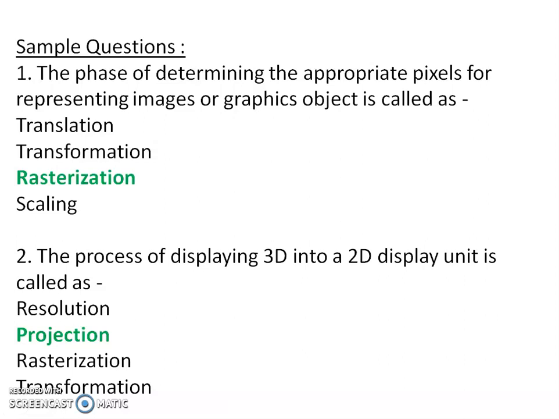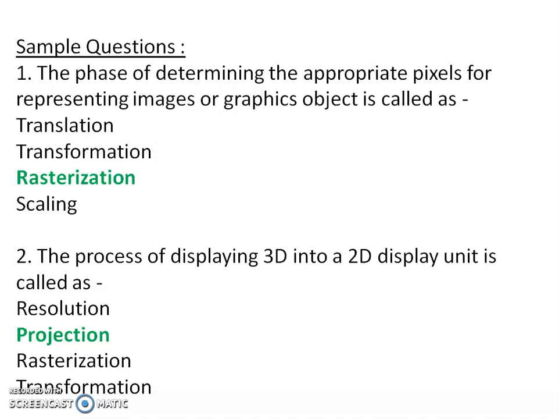Here are some sample questions related to NET, National Eligibility Test. First one is, the phase of determining the appropriate pixels for representing images or graphics objects is known as: the options are translation, transformation, rasterization and scaling. And here the answer is rasterization.